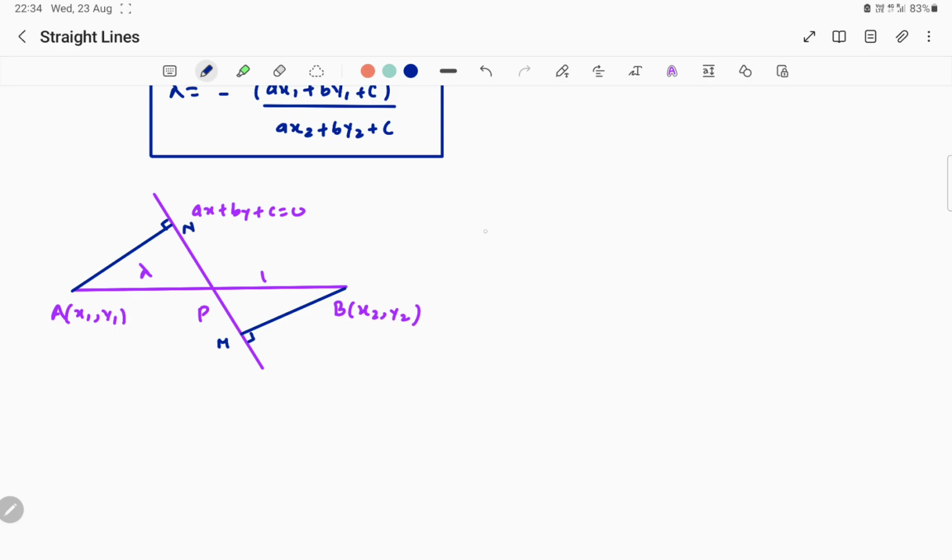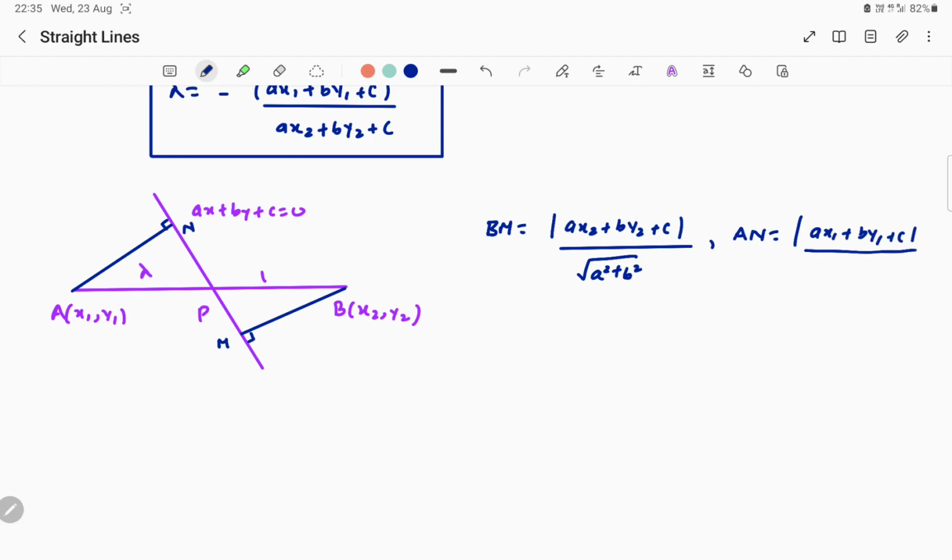So BM is how much? BM is mod of (a x2 plus b y2 plus c) divided by root under a square plus b square. And AN is again mod of (a x1 plus b y1 plus c) divided by root under a square plus b square. Now can you see that these two triangles are similar? Why are they similar? Because the vertically opposite angles are equal and the angles are 90 degrees.